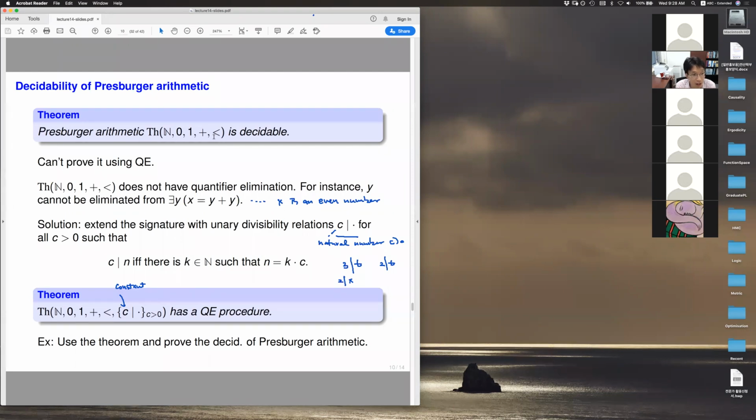But I'm saying if we extend the signature and then interpret it using the usual set of natural numbers, this has a quantifier elimination procedure. So using this theorem to prove the theorem that's shown at the beginning of the slide. So I will give you 3 minutes to think about this.